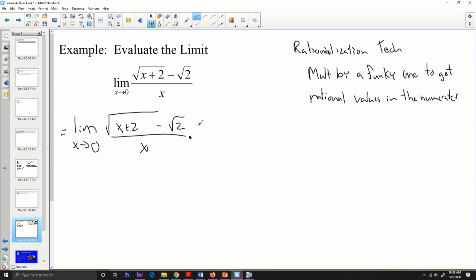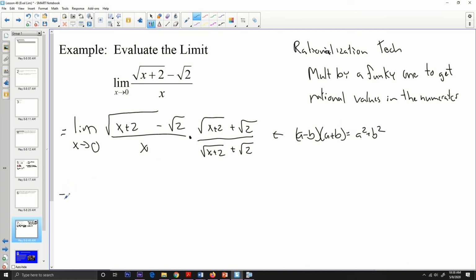And so I'm going to multiply by the square root of x plus 2, instead of minus, we're going to do a conjugate, plus square root of 2 over the square root of x plus 2 plus square root of 2. And so this is a minus b times a plus b is a squared minus b squared.